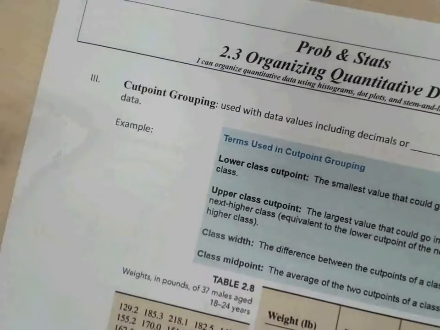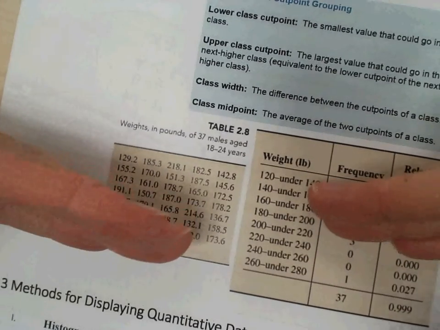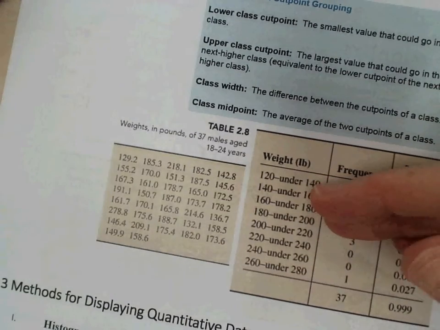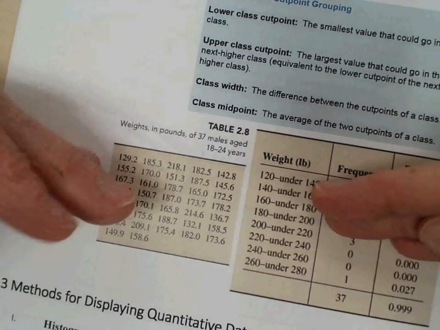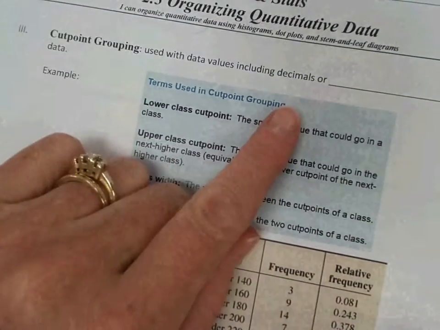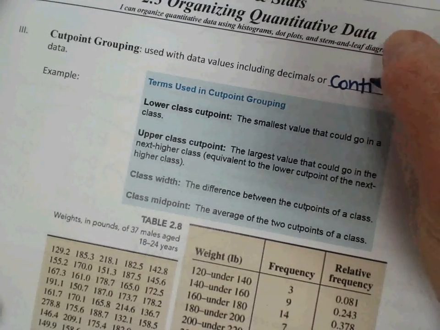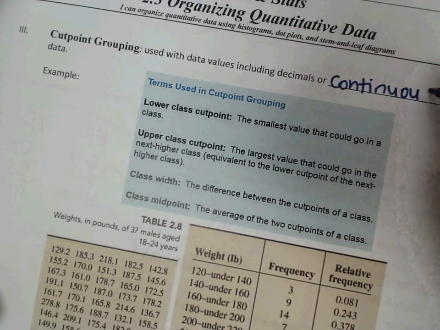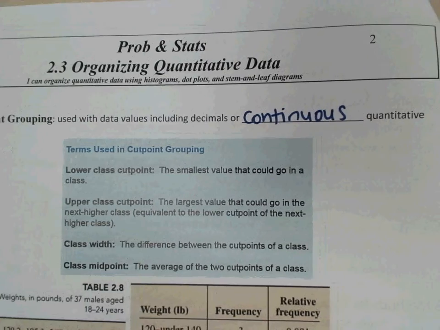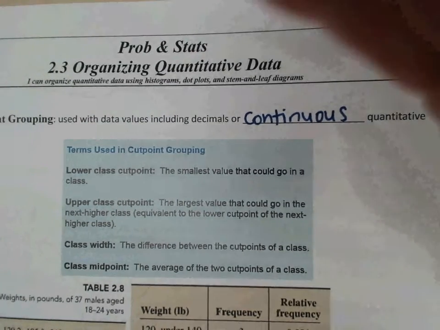This is the final way to organize one of these frequency distributions. This is just like the last one, only we'll use this one when we're dealing with decimal values or continuous quantitative data.